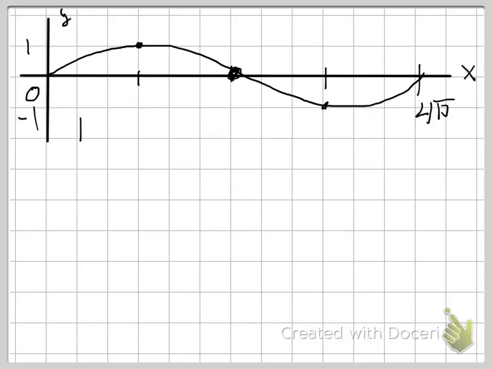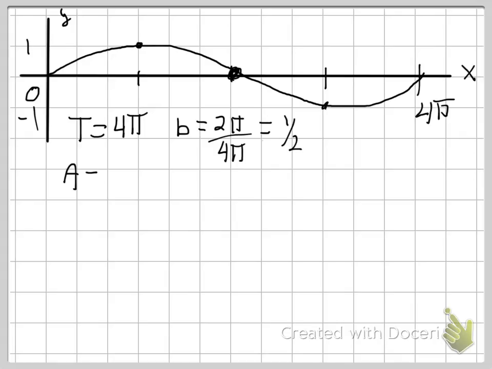So the period is 4 pi. But now remember that b is equal to 2 pi divided by 4 pi. And that's going to make that 1/2. Okay. Our amplitude is 1. The phase shift is 0, right? It starts right at the origin.